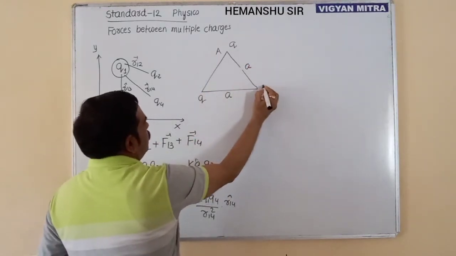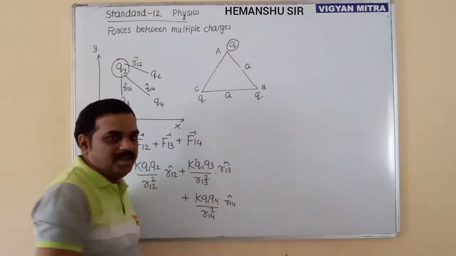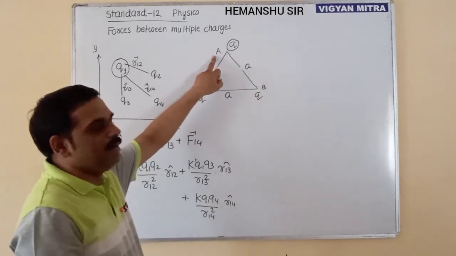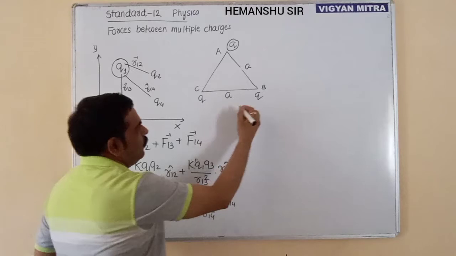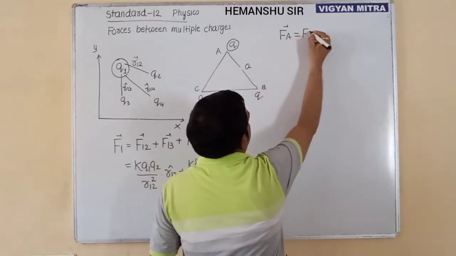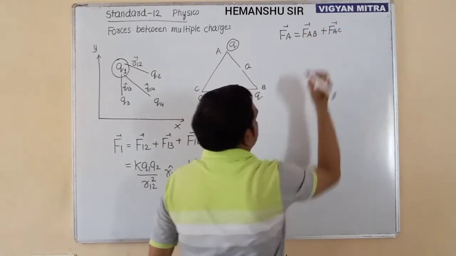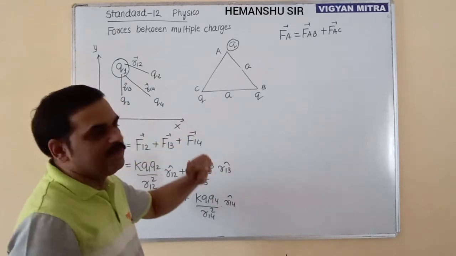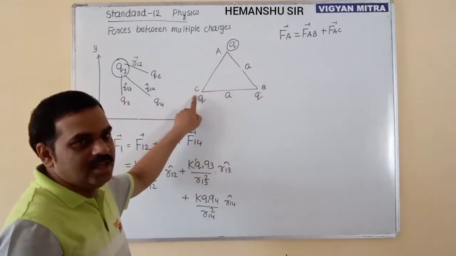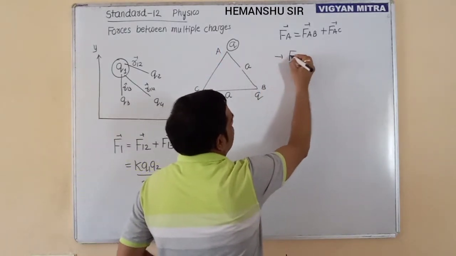Suppose we require the force on charge Q which is kept at A. So the total force on this charge will be given by FAB plus FAC. It is the vector sum of the forces due to the charge B on A and due to the charge C on A. Now first we talk about magnitude.